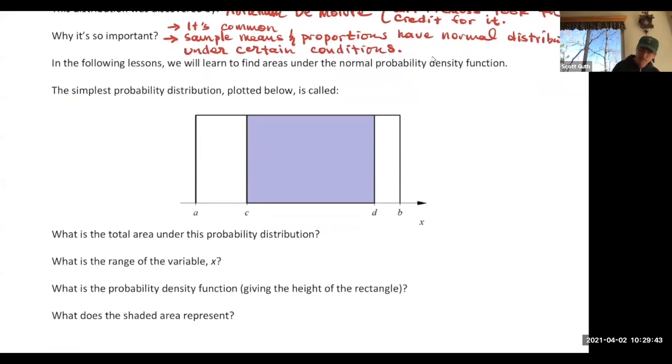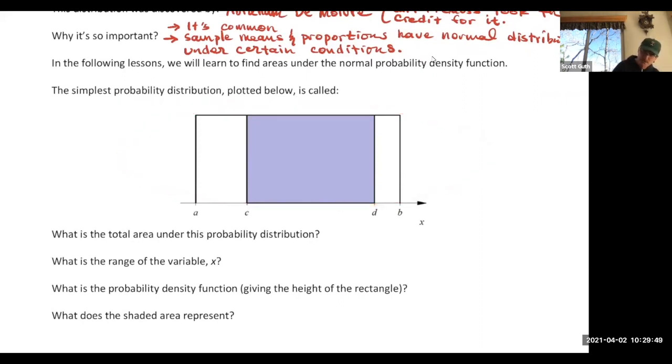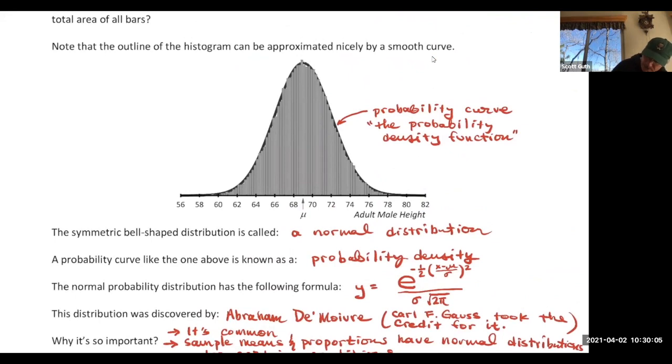Now, the simplest type of probability distribution plotted below is called a uniform distribution. We start with these because they're so dang easy. And then we'll learn to use Desmos to find areas under bell curve. So basically, areas are probabilities.